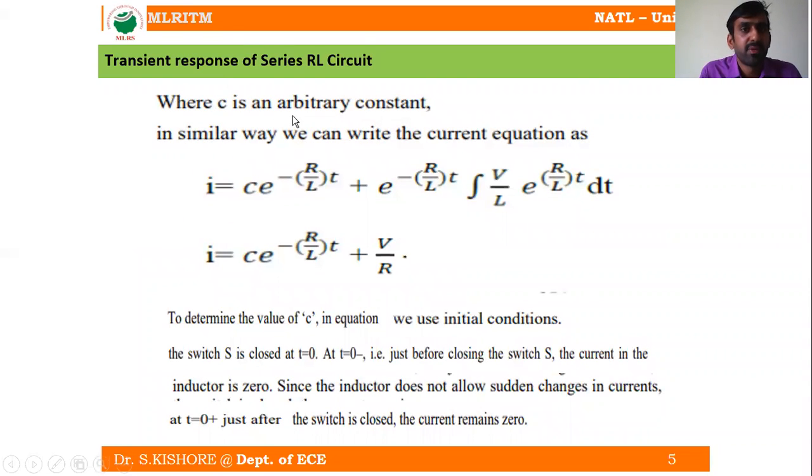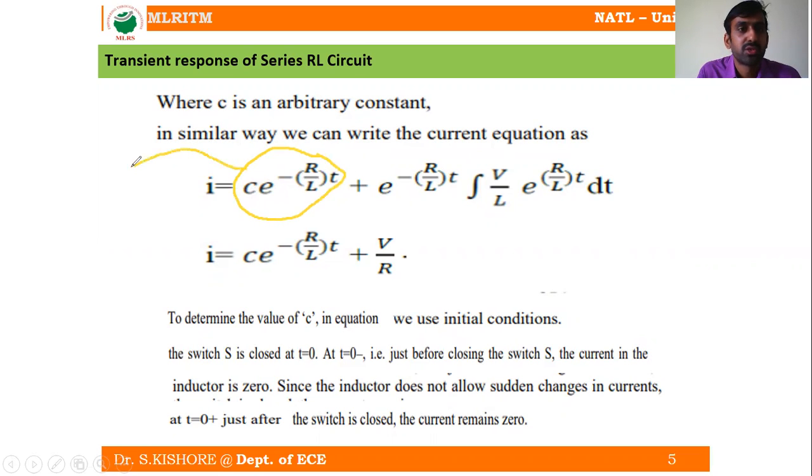Where C is the arbitrary constant, in a similar way we can write the current expression, where P is the R by L and K is the V by L. So we can write I is equal to C into e power minus PT, where C is the arbitrary constant and P is nothing but R by L. This part is your complementary function.